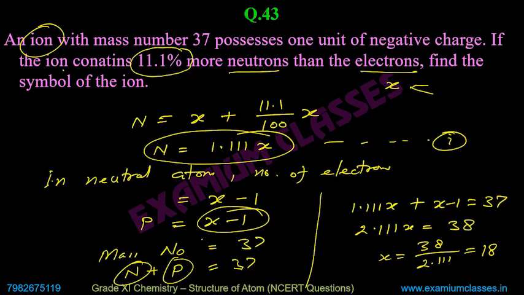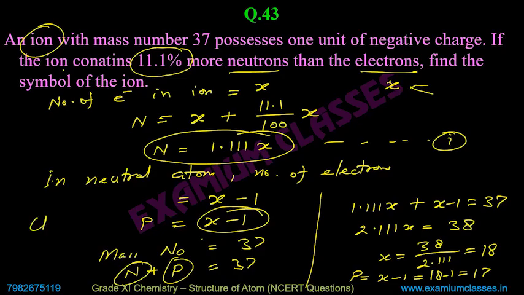So if x is 18, and x we have assumed as the number of electrons in the ion, and if this is 18, it means the actual number of protons P will be x minus 1, that is 18 minus 1, that is 17. And 17 atomic number is of what? 17 atomic number is of chlorine. So it means the ion is chloride ion.